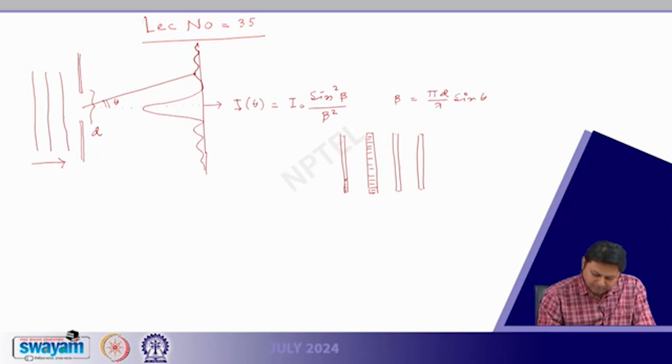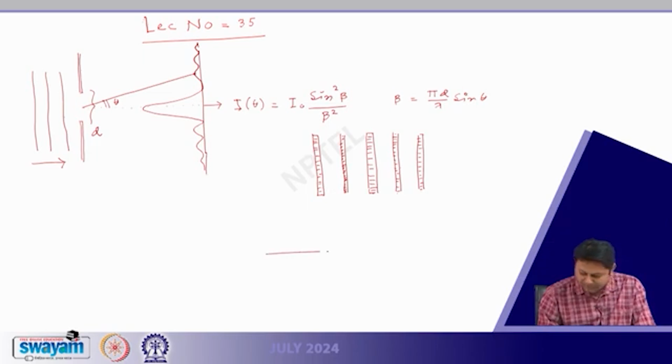This is roughly the fringe pattern, difficult to draw in principle, but I am trying my best. If you do the experiment, you are going to see patterns like these.